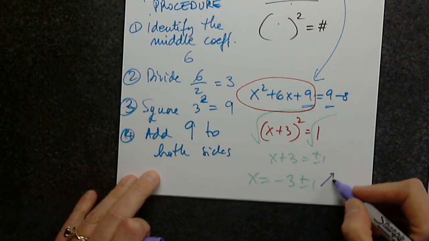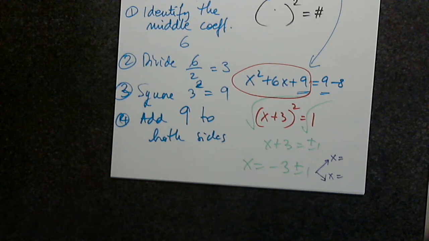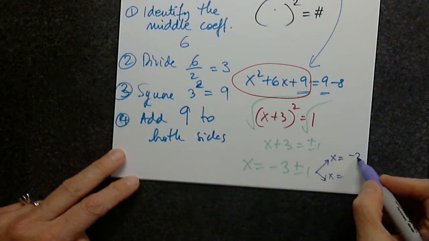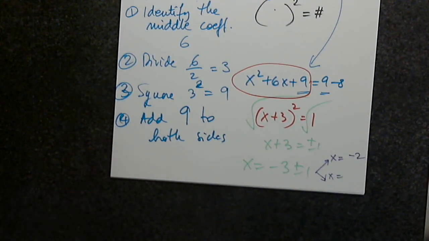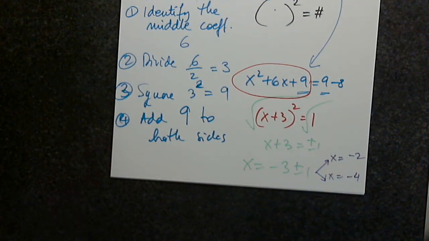Why? Because they can be simplified. So negative 3 plus 1. And negative 3 minus 1. And that's the method of completing the square.